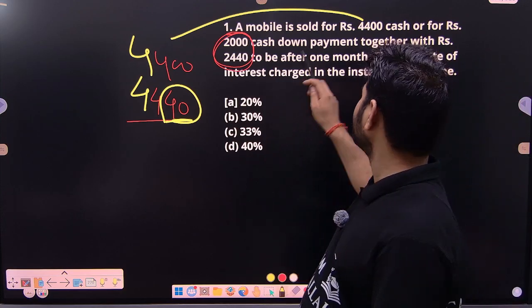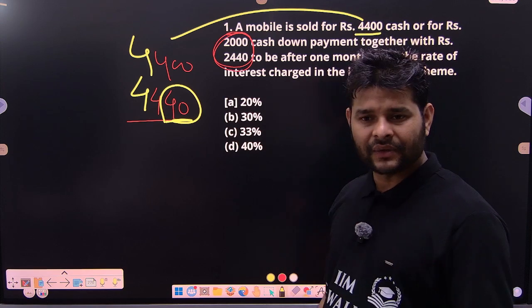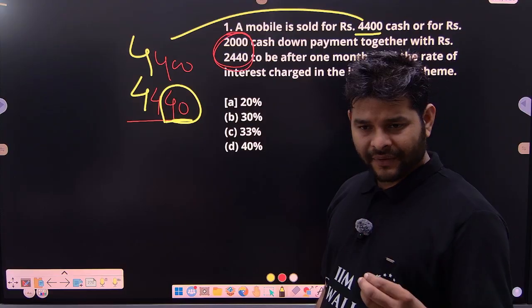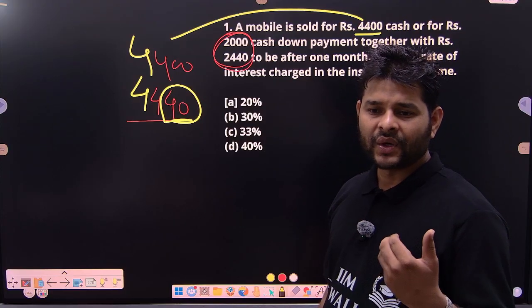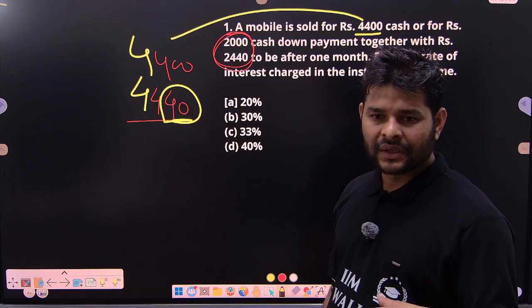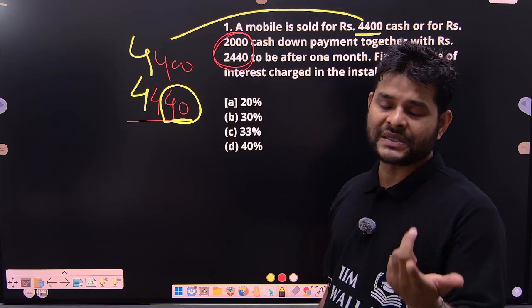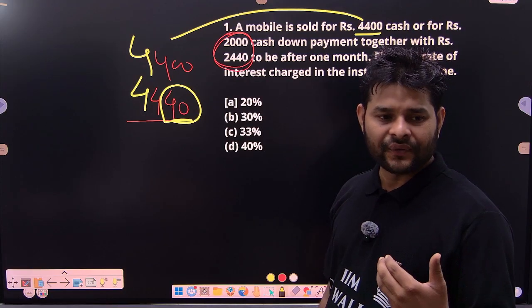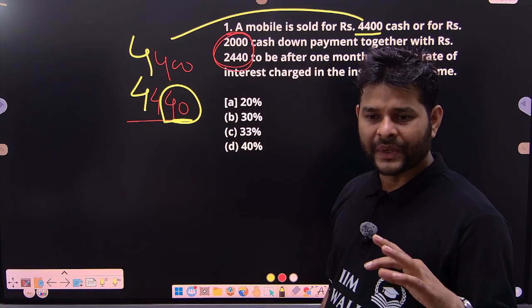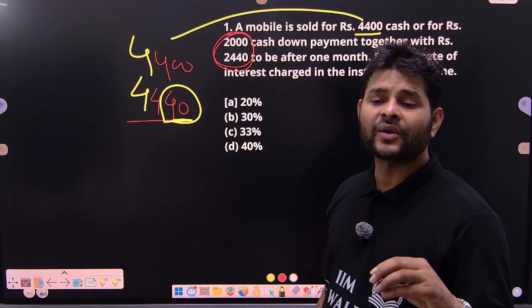So basically the real cost of the cell phone was 4400, but at the time of buying I gave only 2000. So on the rest 2400, for the first month I will charge interest of rupees 40. So what would be the rate of interest?